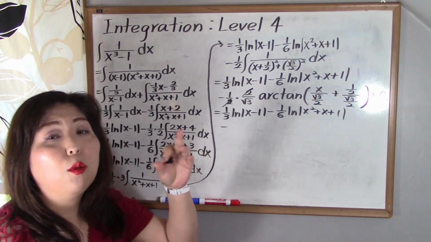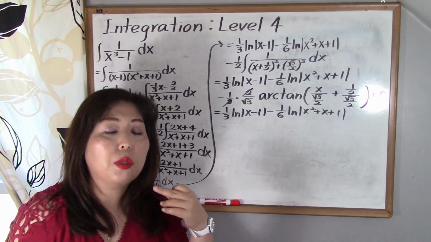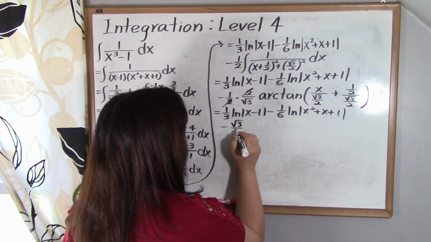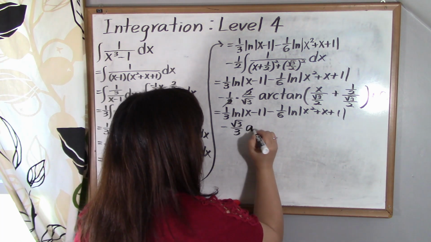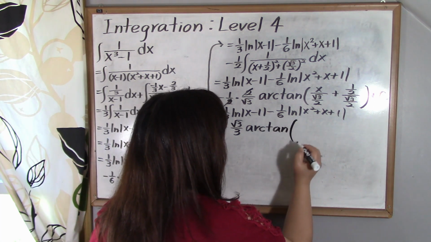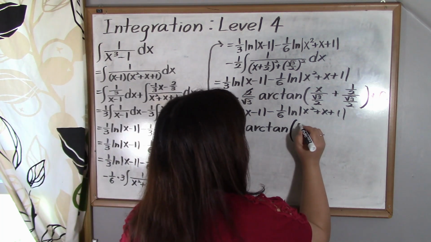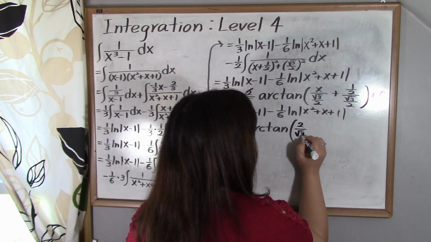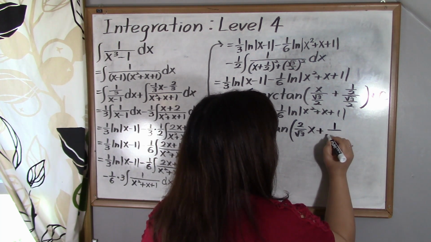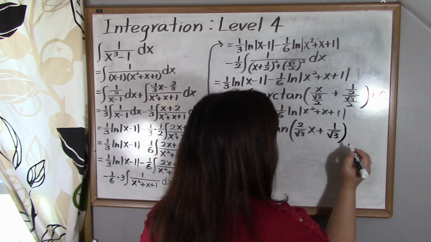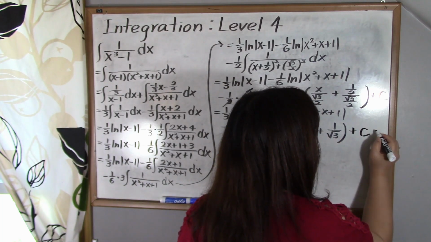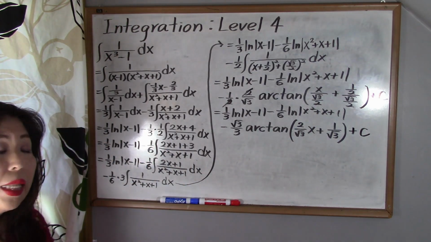So we can multiply by square root of 3 over square root of 3, which is square root of 3 over 3. And then arctangent of 2 over square root of 3 x plus 1 over square root of 3 and plus constant c.